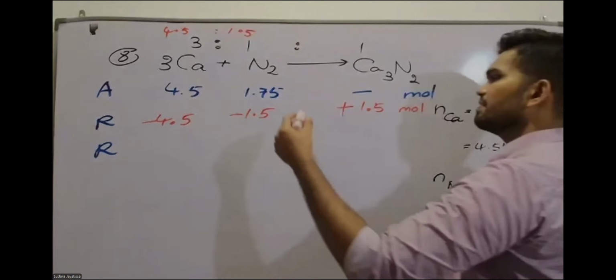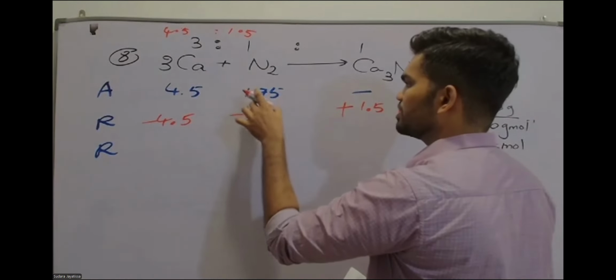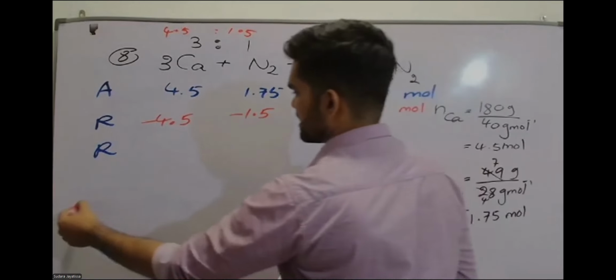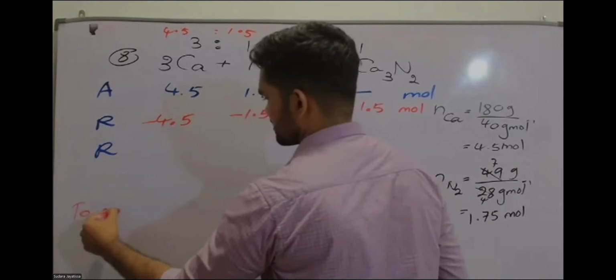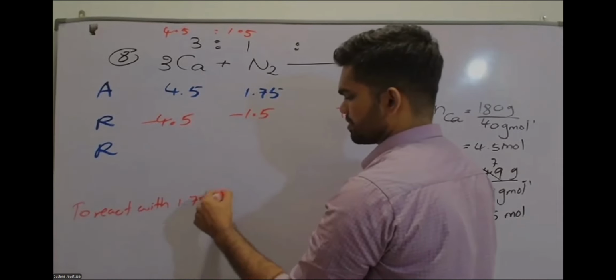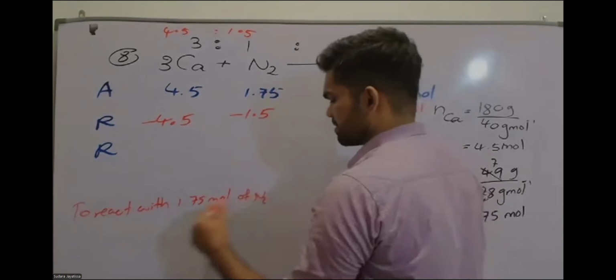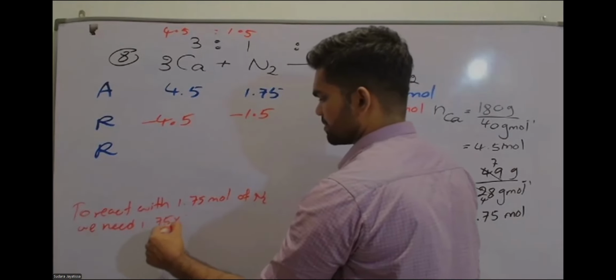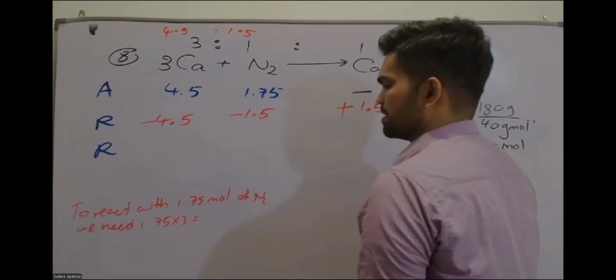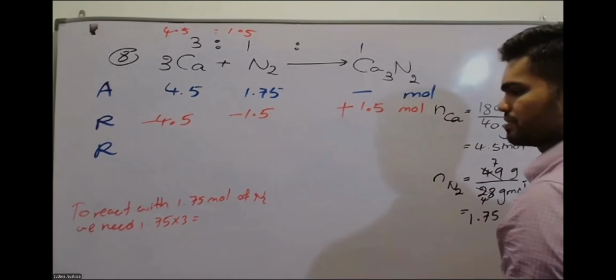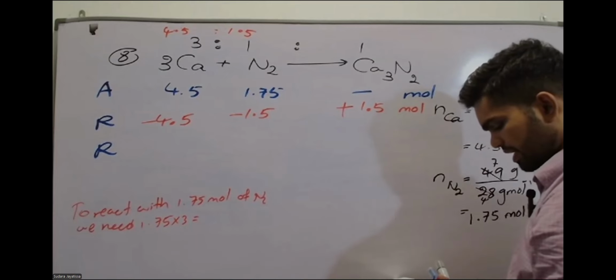If you are going the other way around, to react with this whole thing, you will be needing 3 times of this. Okay, so we write that too. To react with 1.75 moles of N2, we need 1.75 into 3, which is how much? 5.25, right? Yes.